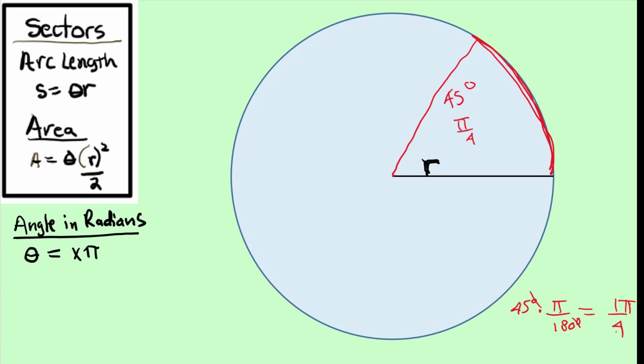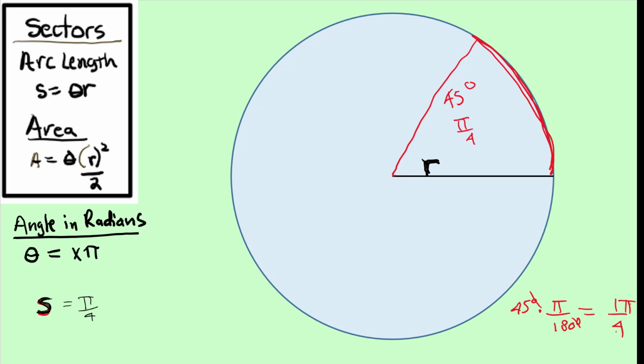So pi fourths. And then the formula to find the arc length formula right here. Let me change that color. S represents arc length is equal to the theta for this angle.